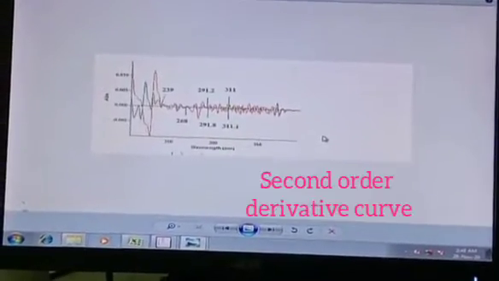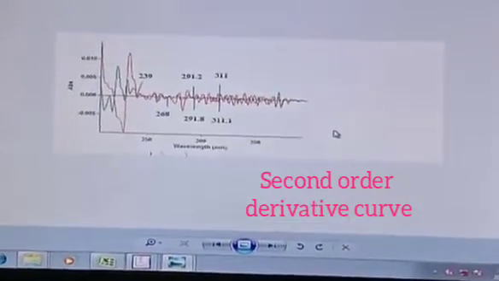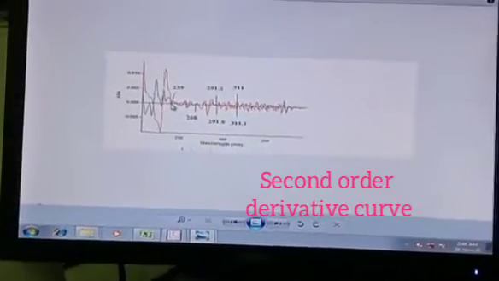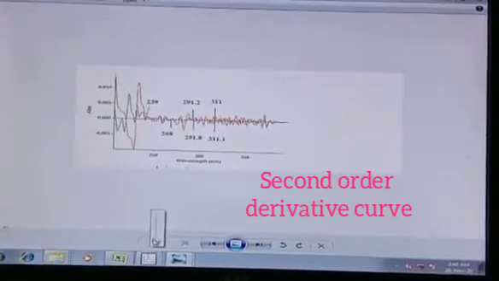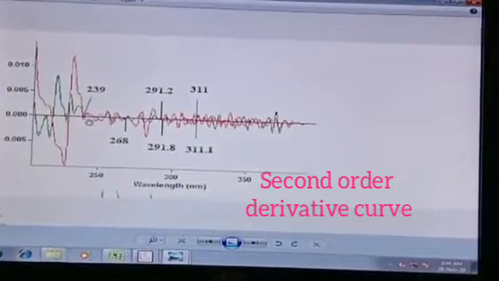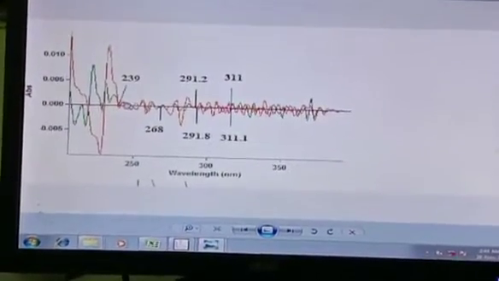I will be showing you the next order curve. So this is the next order curve, that is a second order curve, more resolved than the previous one. So here you can observe more clearly than the previous order that at a particular point one drug is crossing 0 and the other drug is showing some absorbance.